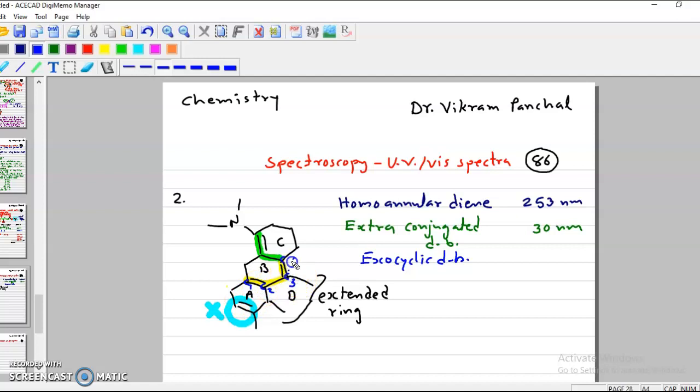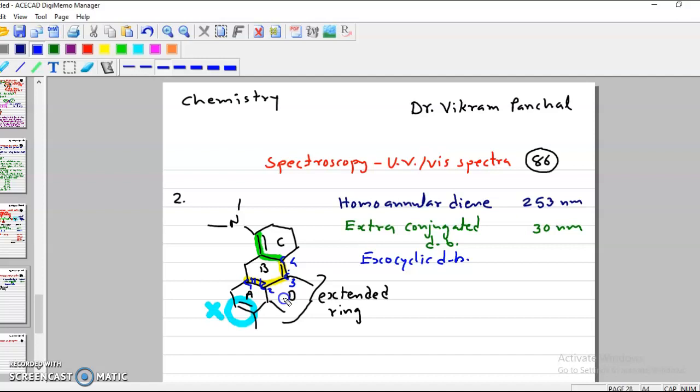So there is no exocyclic double bond for A ring. Now for D ring, the C1 C2 double bond is exocyclic because C2 is in D ring but C1 is not in D ring, and that's why this is one exocyclic double bond for D ring.